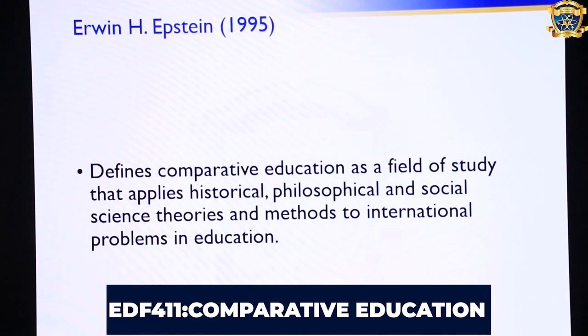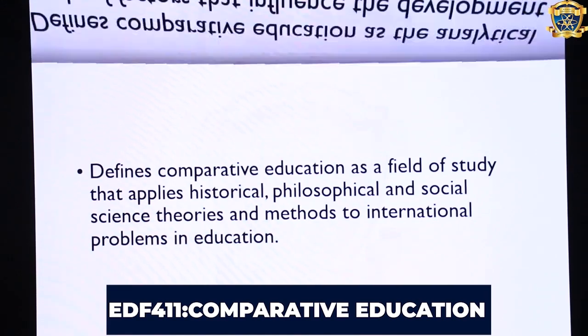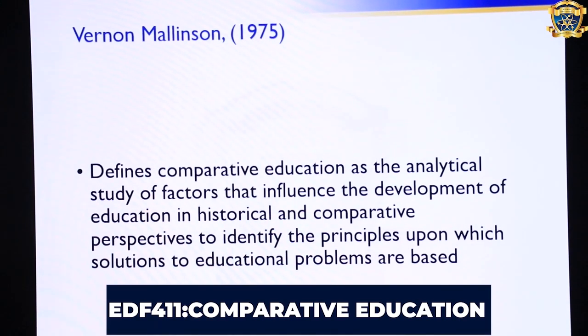Our next scholar is Vernon Mallinson. Now, in 1975, Vernon Mallinson defined comparative education as the analytical study of the factors that influence the development of education in historical and comparative perspective to identify the principles upon which solutions to educational problems are based. Now, he looks at many factors.